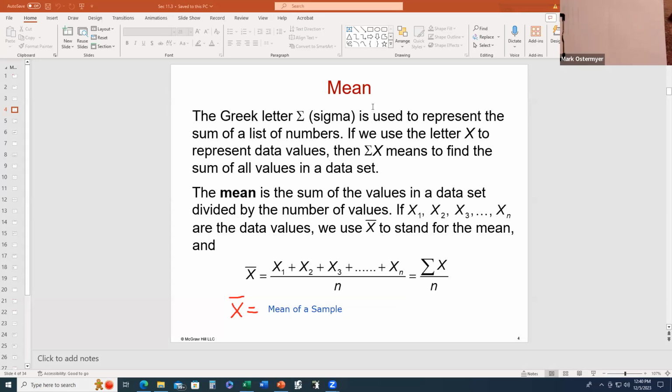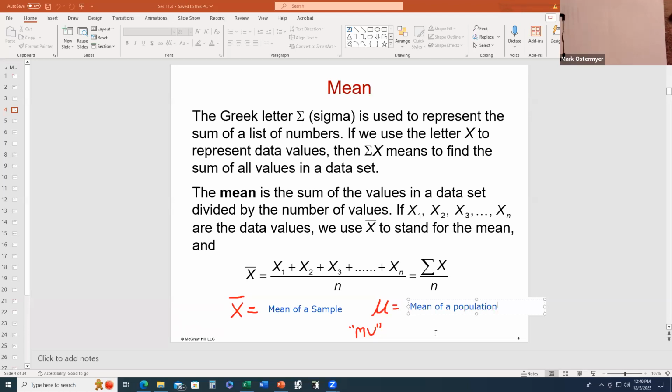All right. On the other hand, if you want to find the mean of a population, you would use this symbol here. This looks like a U. It comes from the Greek alphabet. It is called mu. That's its name, mu. And mu is the symbol that represents the mean of a population. That's the symbol that's used universally in stats books to represent the mean of a population.